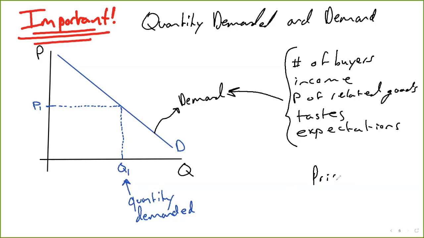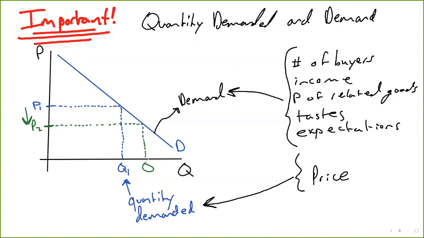And alternatively, price affects quantity demanded, but not demand. So if I change the price to some new level, P2, so price decreases from P1 to P2, I do the same thing. I follow this over to the demand curve, then down to the x-axis. This gives me a new quantity demanded, but the demand curve didn't change.